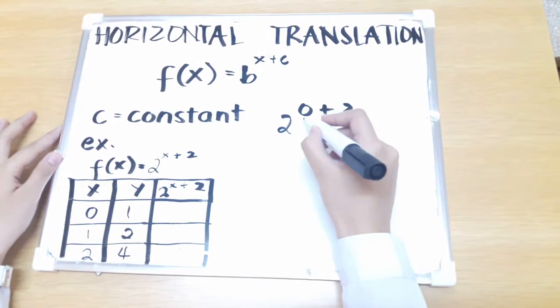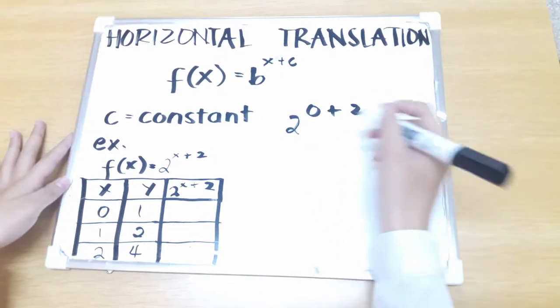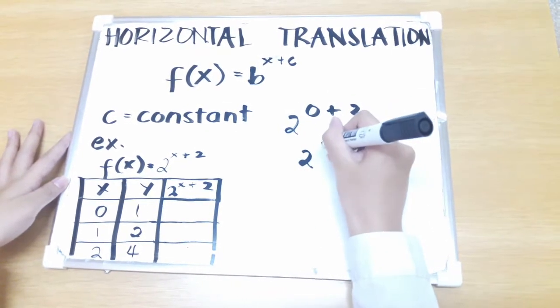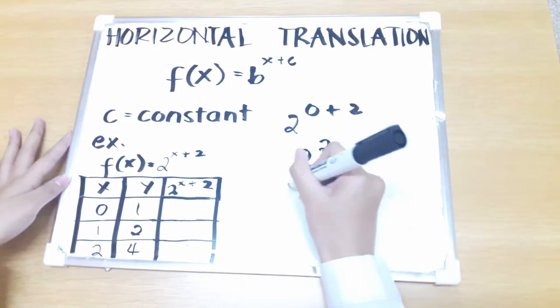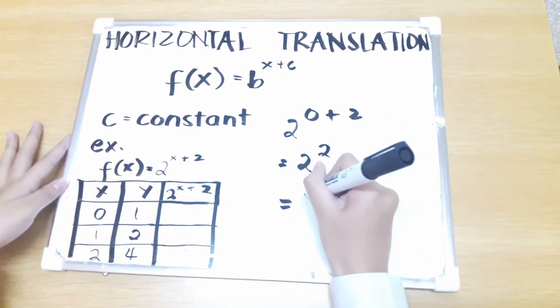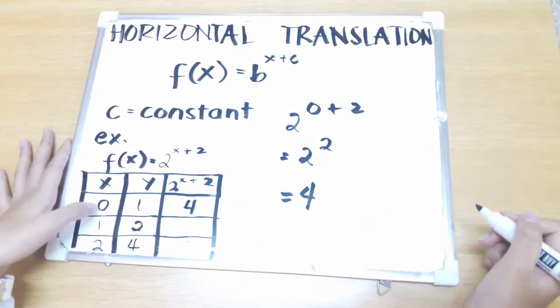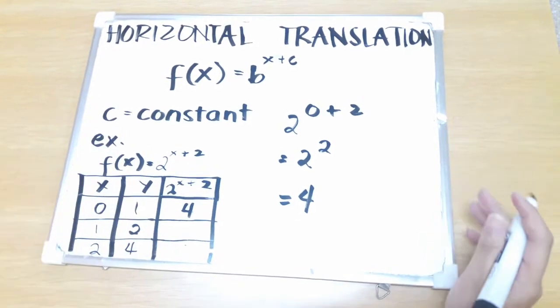Now, as you can see, I have already substituted x with the first value, which is 0. Now, let's solve for the value. 2 raised to 0 plus 2 would be 2 raised to 2. 2 raised to 2 would be equal to 4. That will be the first value for x plus 2.